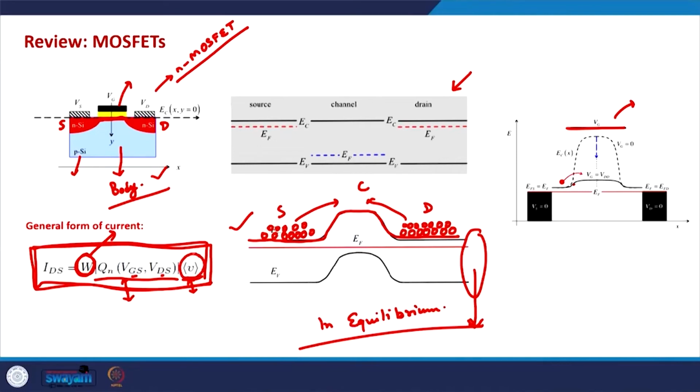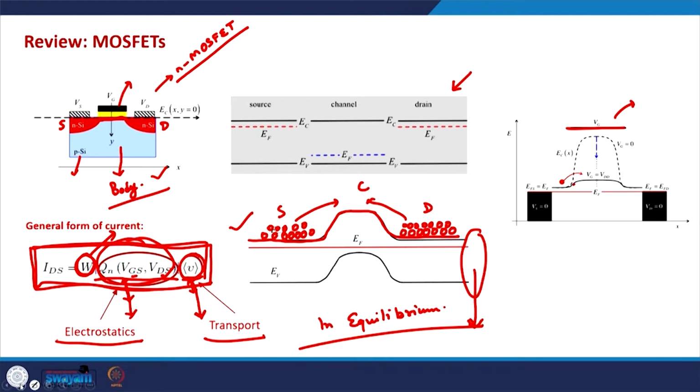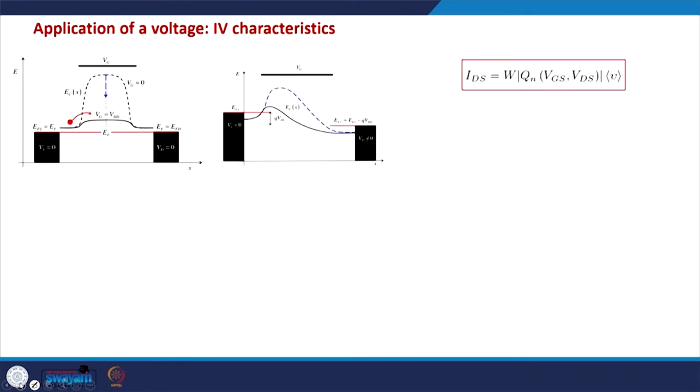What we also highlighted was that this velocity part comes from the transport theory of electrons, and this charge part comes from the theory of electrostatics in MOSFETs. That's why if we understand the electrostatics and transport, we can understand the entire physics of the MOSFETs. And that is essentially what we will be trying to do in the coming few classes.